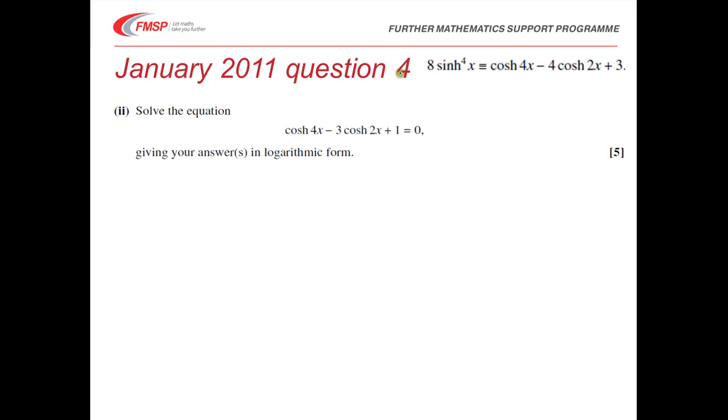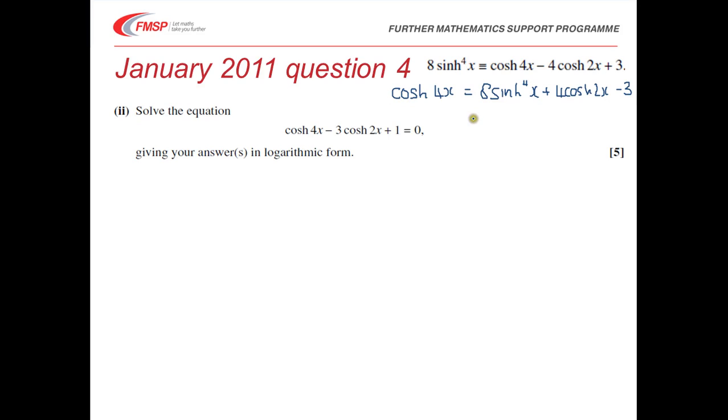So up here, I know that cosh 4x, which I need to substitute in, is equal to 8 sinh to the power of 4x plus 4 cosh 2x minus 3. So I've just rearranged that answer for part 1.